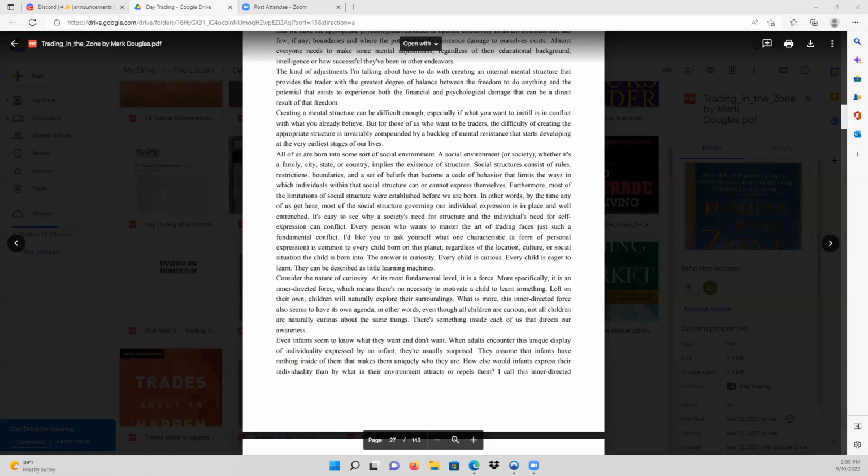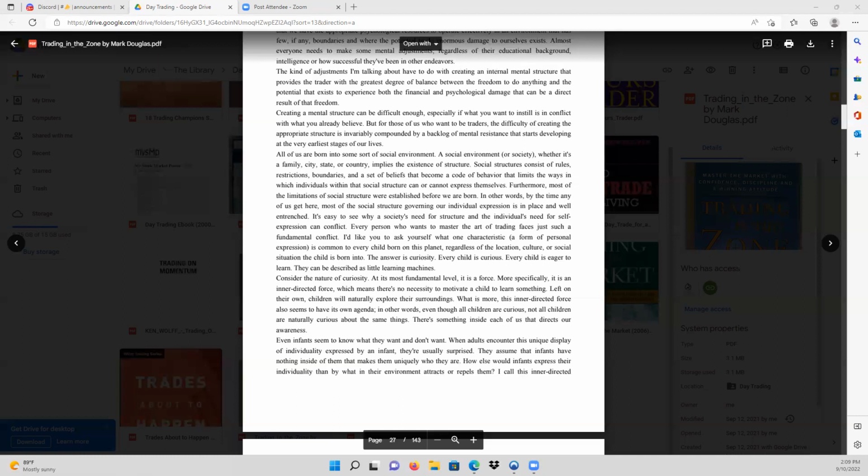And I'll end it with this from chapter 3. If you want to change your experience of the markets from fearful to confident, if you want to change your results from an erratic equity curve to a steadily rising one, the first step is to embrace the responsibility and stop expecting the market to give you anything or do anything for you. If you resolve from this point forward to do it all yourself, the market can no longer be your opponent.